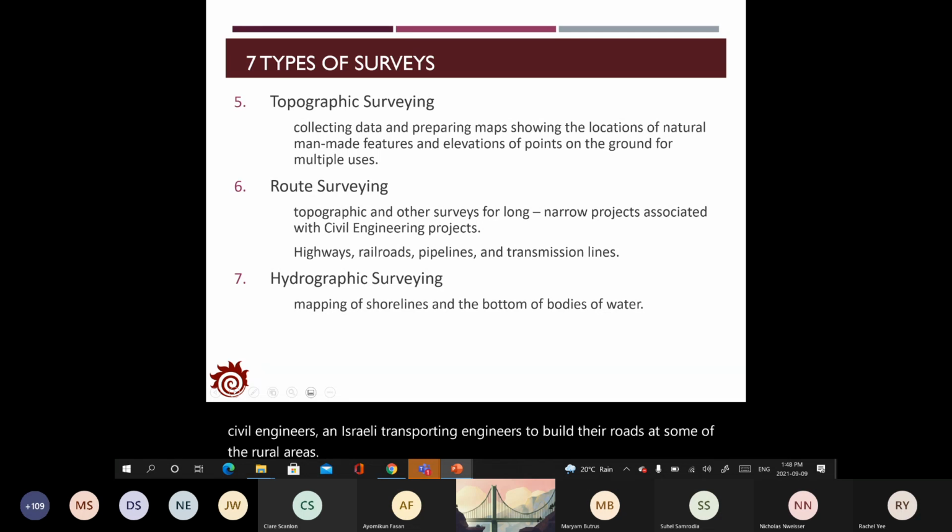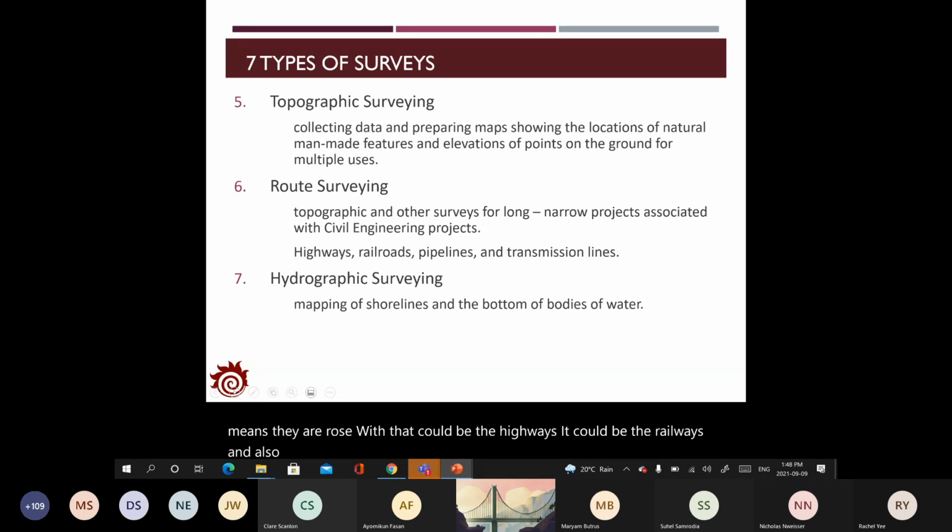And the sixth one is called route surveying, which is one of the major topics we're going to cover in this class. In this type of surveying, we will create topographic and other types of surveys for long and narrow projects, which means roads, highways, or railways.